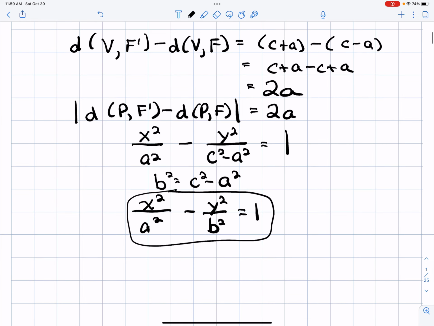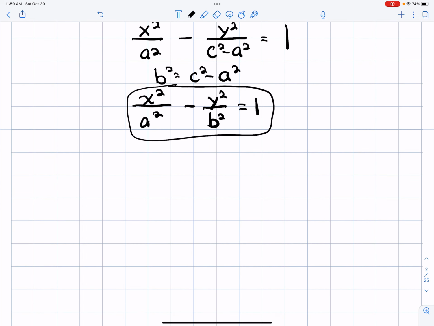Okay, so once we have that equation, again, this is going to be centered at the origin at 0, 0. A little later, we'll look at the equation if it's centered elsewhere. But if y equals 0, then the intercepts are plus or minus a, comma 0. You could plug in 0 for y.